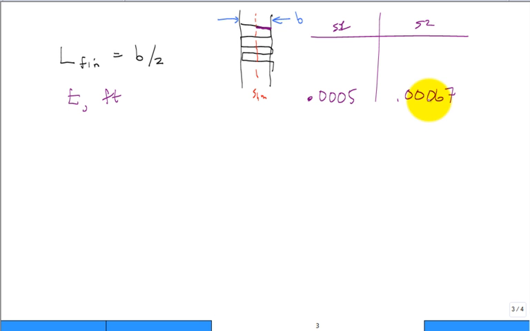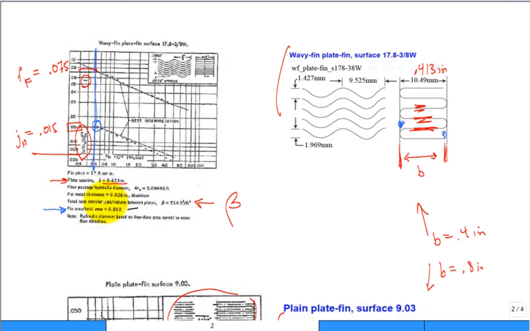Should I go and look where to get those? They're going to be right in there. The fin thickness is right there on this diagram, and likewise there's the fin thickness for the other surface.